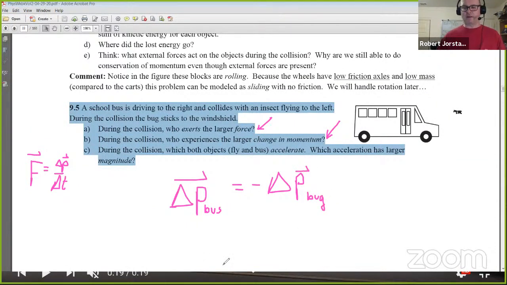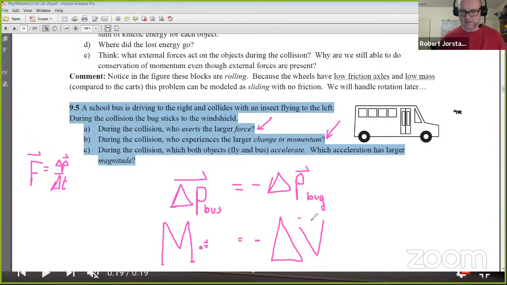Now, you might be saying, wait a minute, what's up? Well, remember, the bus has a huge mass. As a result, it has a tiny delta V. On the flip side, the bug has a tiny mass, so it has a huge delta V. And then I need a minus sign.